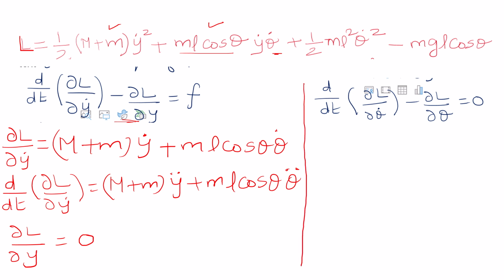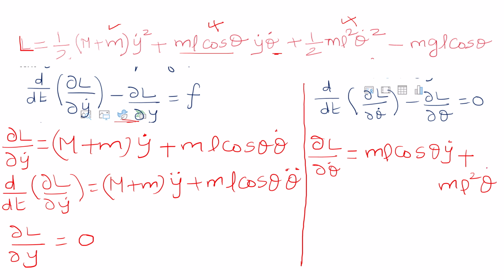Now let us do the same for the second equation of motion. So dou L by dou theta dot. As you see here, you have theta dot in the second term and also theta dot in the third term. The other two terms, the first term and the last term, on differentiating become 0. So dou L by dou theta dot will be ml cos theta y dot plus ml squared theta dot, right?